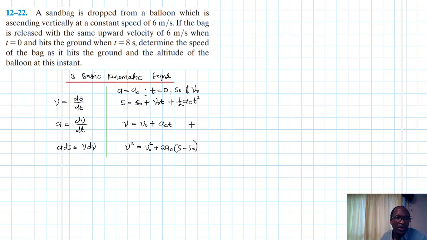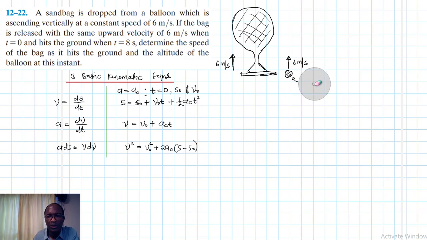So let's get back to our problem. We are told we have a sandbag dropped from a balloon. Let's draw what is happening. This is the sandbag. So what do we have? v naught for this sandbag is 6 meters per second.